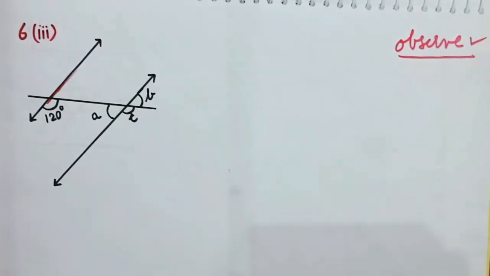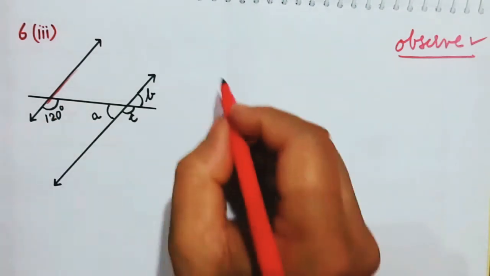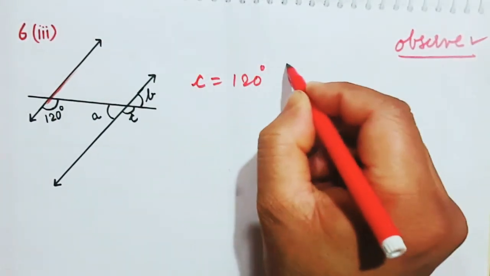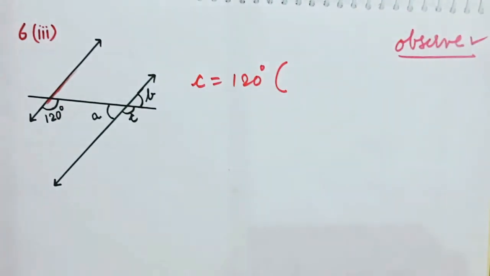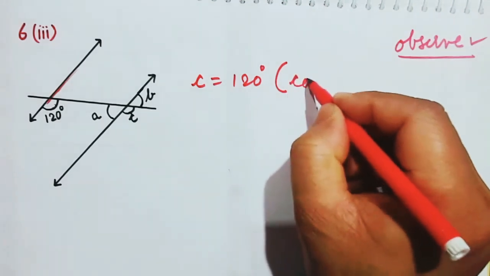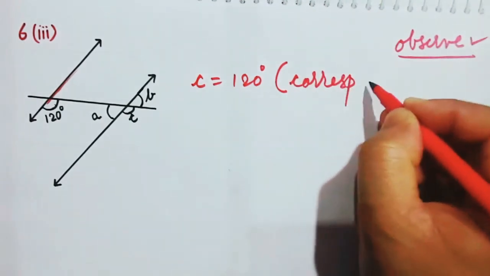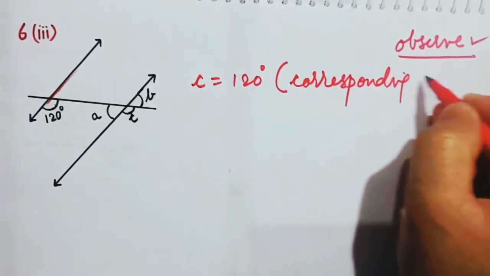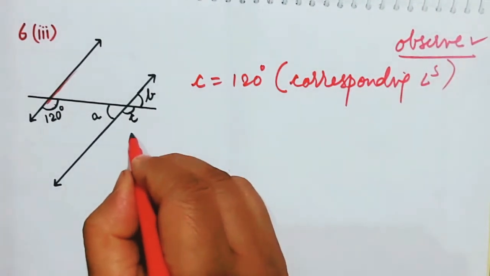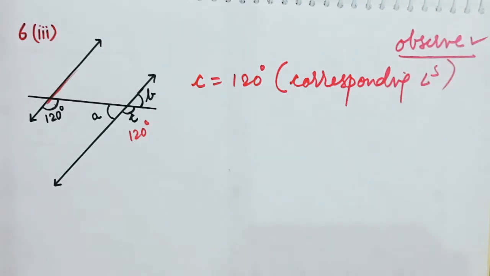Now, C is equal to 120 degrees, and the reason for that is that they are corresponding angles. Very good. So I found out C is equal to 120 degrees.